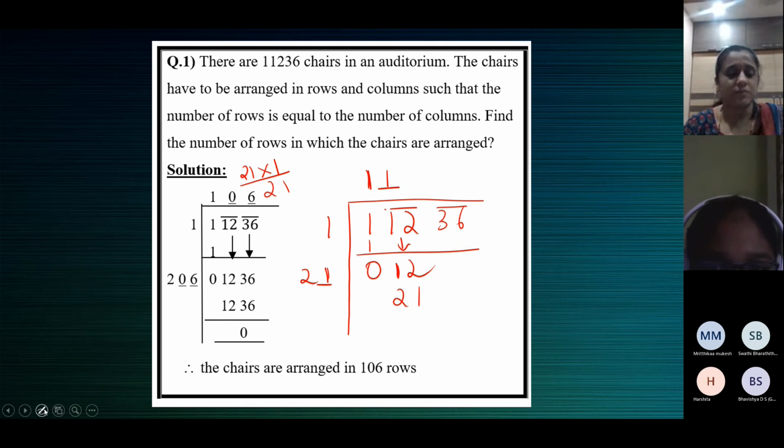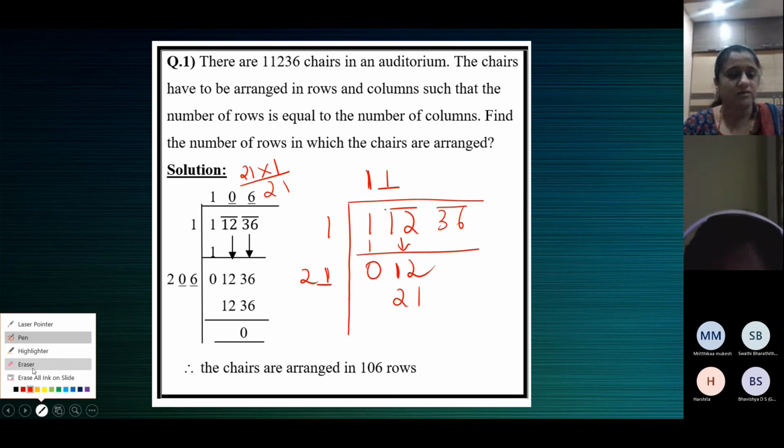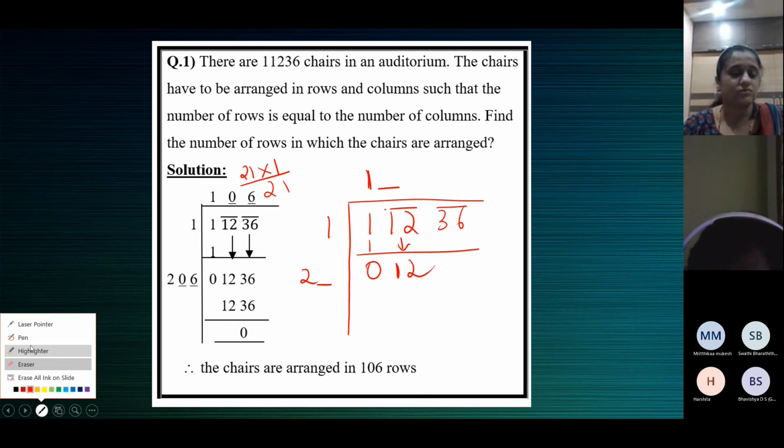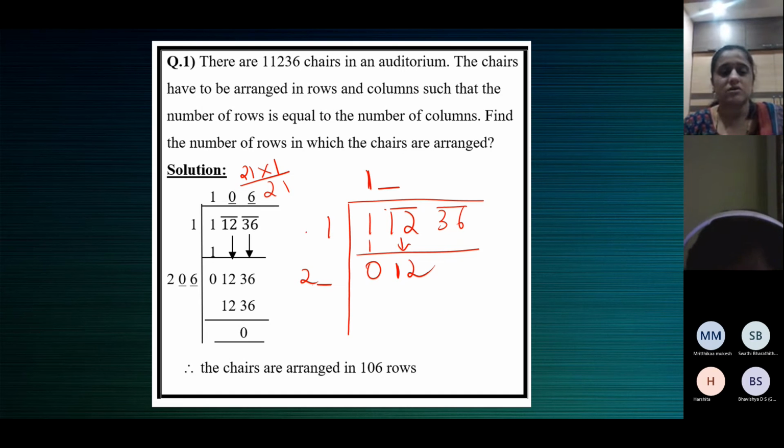So what should you do? When you use 1, 21 into 1 is 21, which is greater than 12, so you cannot use 1. Then which digit is smaller than 1? 0. So add a 0 here and bring the next number down.